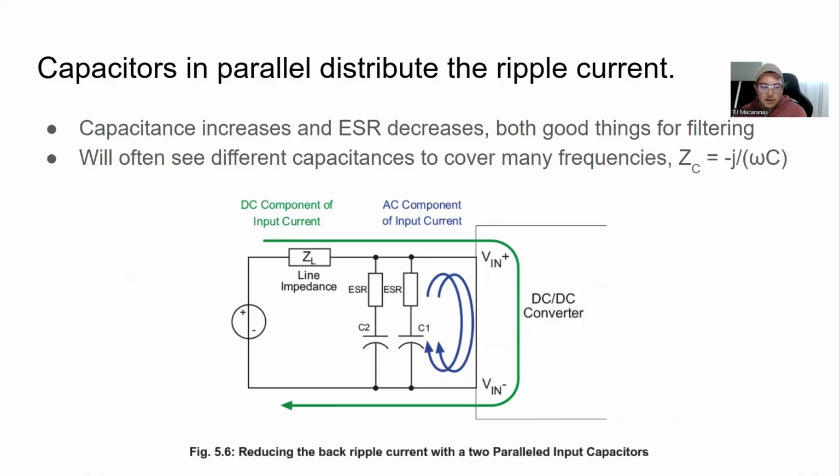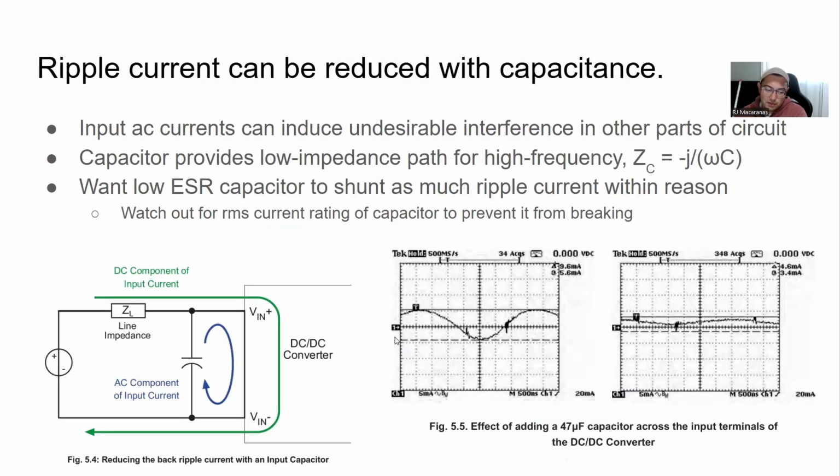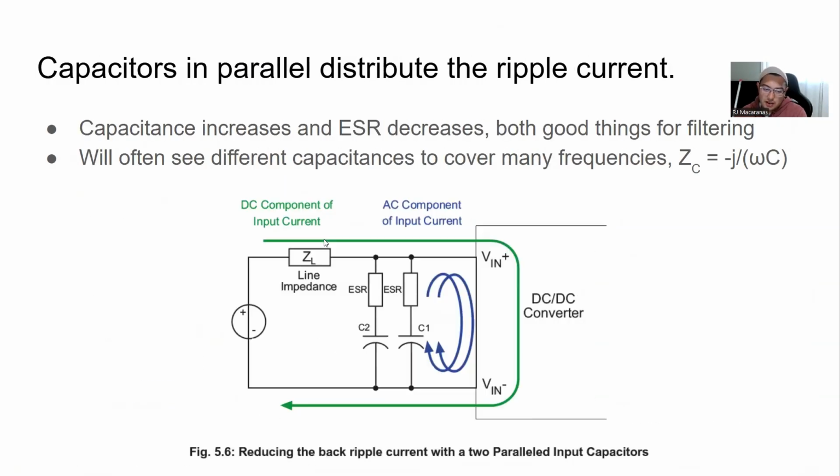And then one thing to note is that if you have capacitors in parallel, this will help distribute the ripple current, right? If we have these capacitors in parallel, we've now got two different paths for the AC current to flow through. And so the capacitors will actually share that RMS current load, right? So again, the RMS current going through each capacitor will be reduced by putting multiple in parallel.